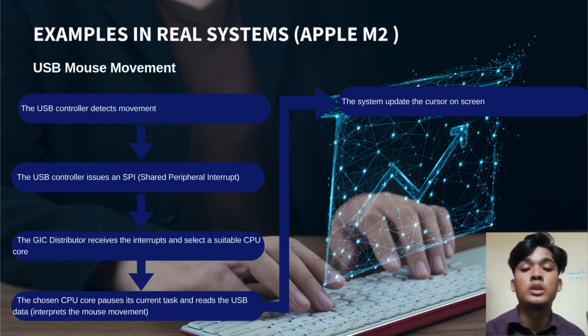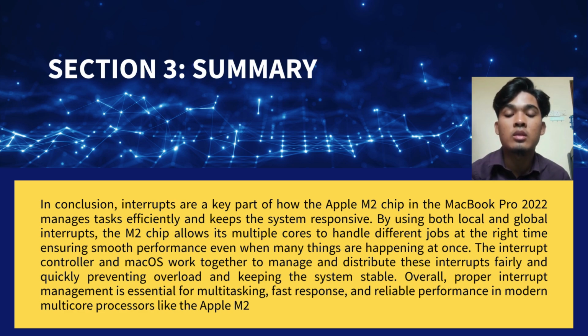To summarize our discussion today, in conclusion, interrupts are truly a key part of how the Apple M2 chip in the MacBook Pro manages its tasks efficiently and keeps the system responsive. By leveraging both local and global interrupts, the M2 chip's multiple cores can effectively handle different jobs at the same time, ensuring smooth performance even when many things are happening at once.